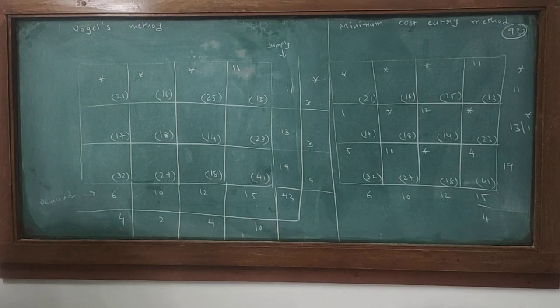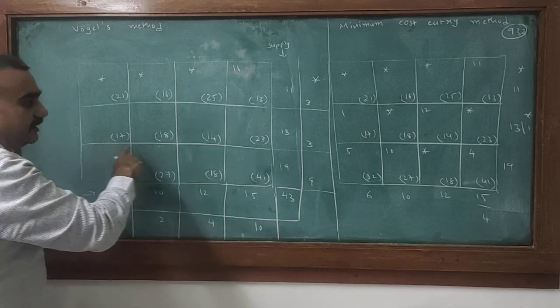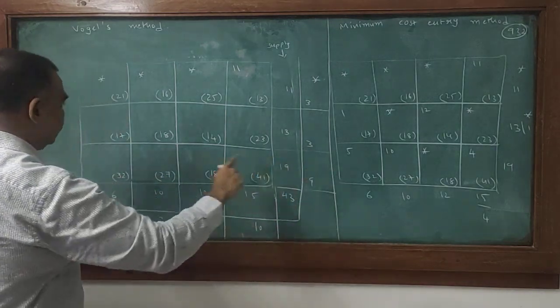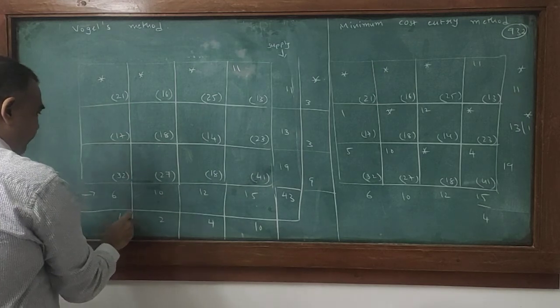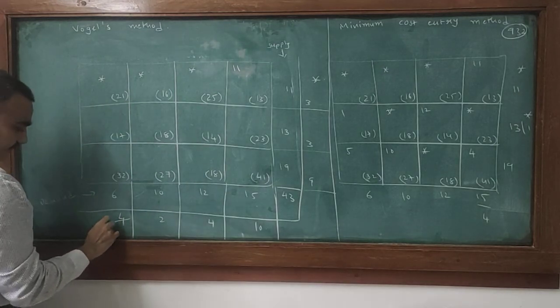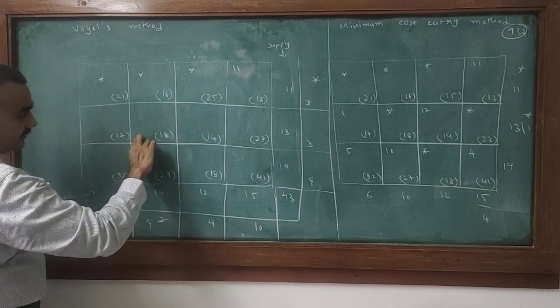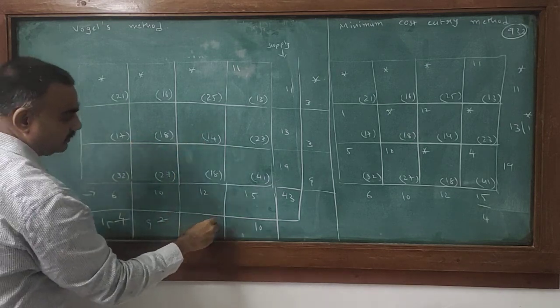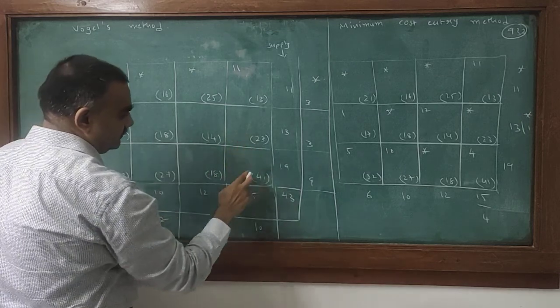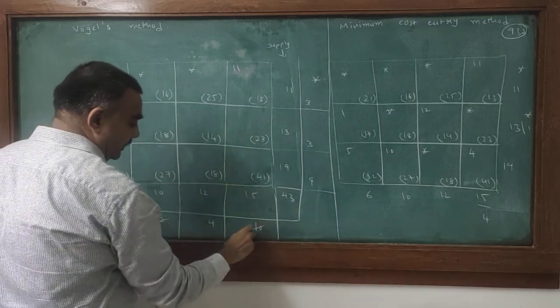In the next one, these penalties remain the same, but these penalties are different. It is 15, it is 9, it is 4, and 7 and 11 means it is 18.